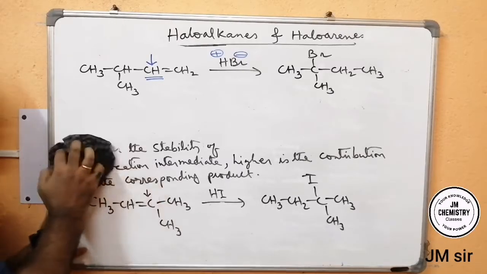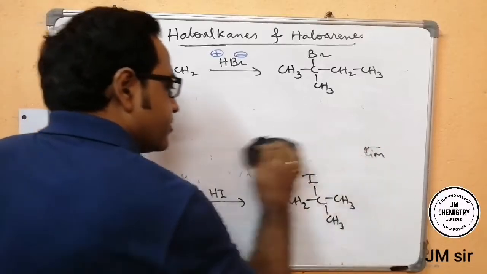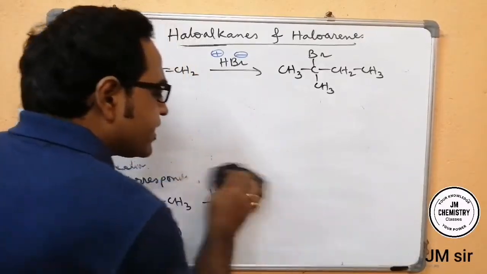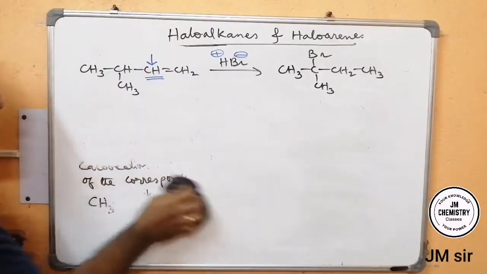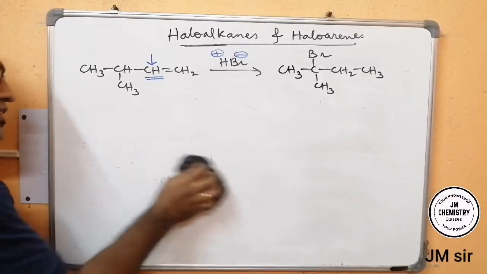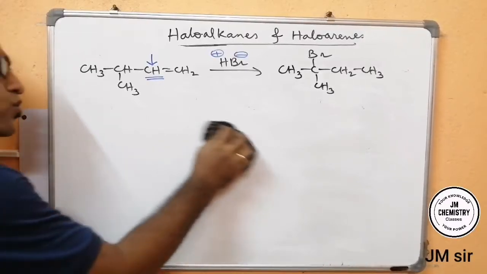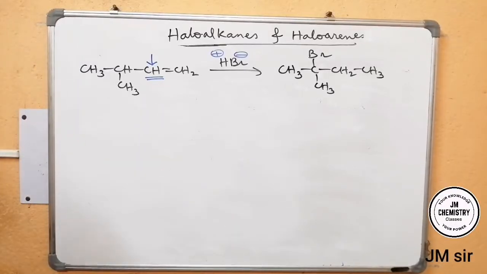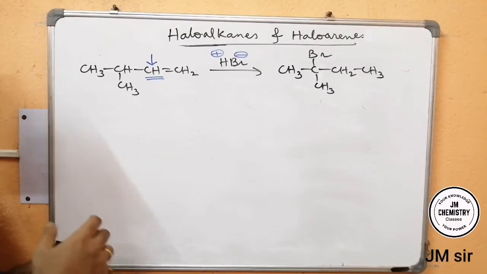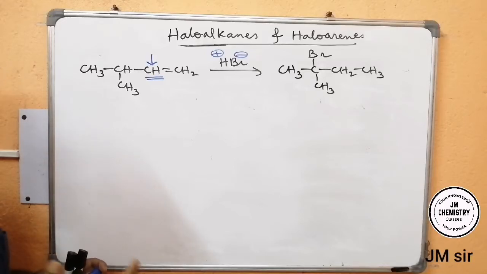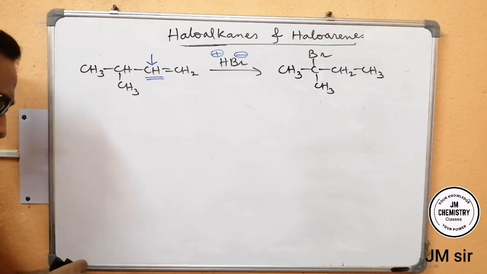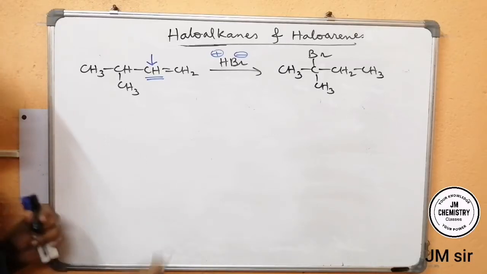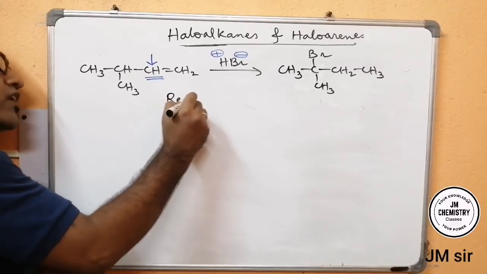Whenever in a reaction a carbocation is formed, remember one thing, the carbocation has a tendency to undergo rearrangement to form a more stable carbocation. So we call it rearrangement of carbocation.